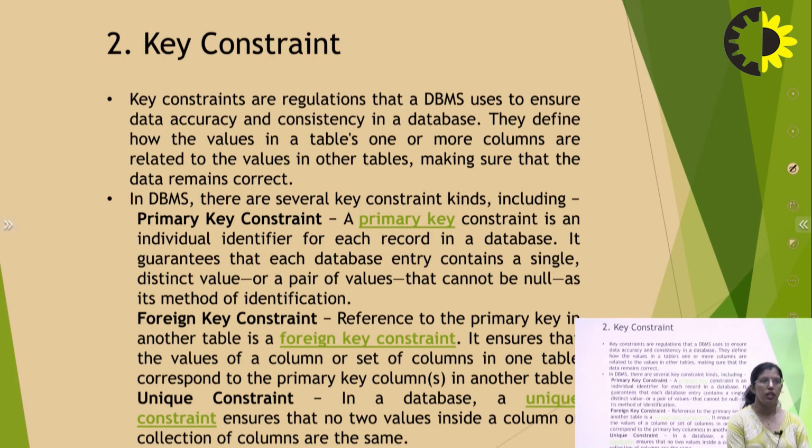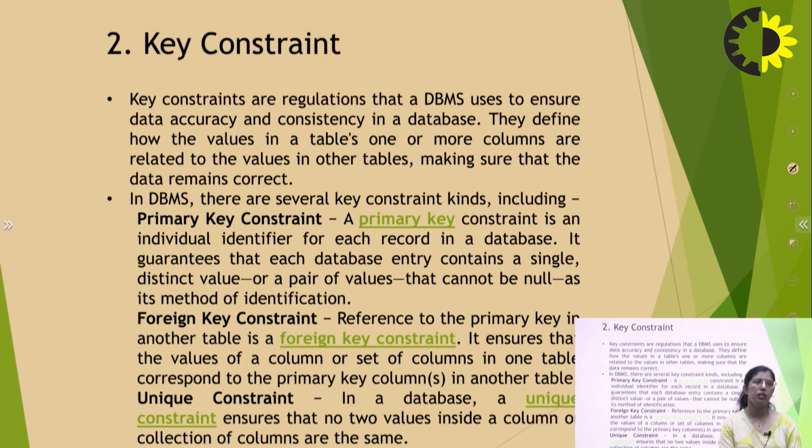Key constraints are regulations that a DBMS uses to ensure data accuracy and consistency in the database. They define how the values in a table's one or more columns are related to the values in other tables, making sure that the data remains correct. So it maintains the consistency and integrity basically.